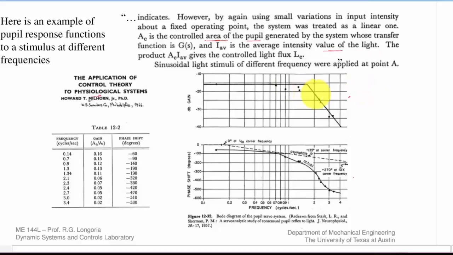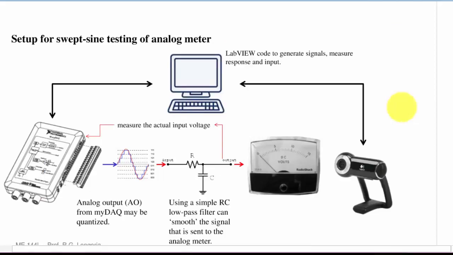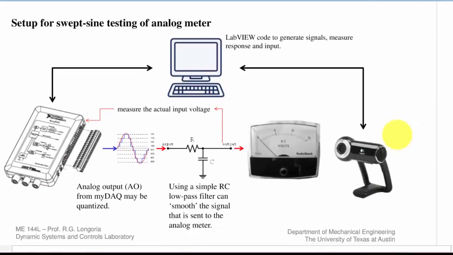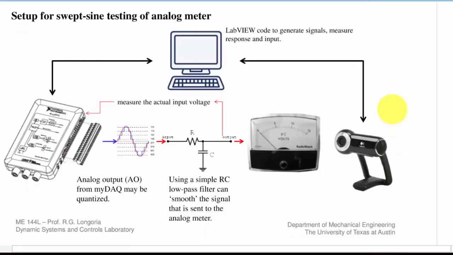And so you can see they're doing the same thing that we've been talking about, making measurements across frequency of different amplitude ratios and phase response. You can see right here a table of the measurements that they made. So this whole concept of swept-sine testing, again, is used in a lot of different areas. Very valuable tool.